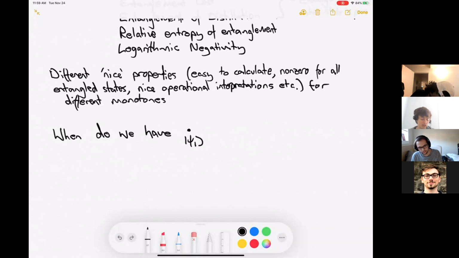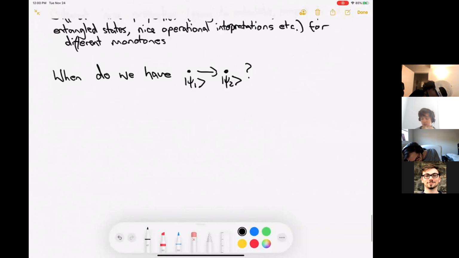The only case where you have a nice clean condition is when the states are both pure. So you're trying to get from one entangled state psi 1 to some different pure entangled state psi 2 using local operations and classical communication. In this case, we have a very nice and simple answer.